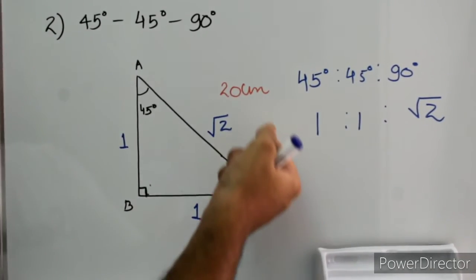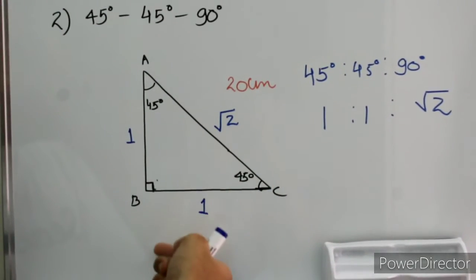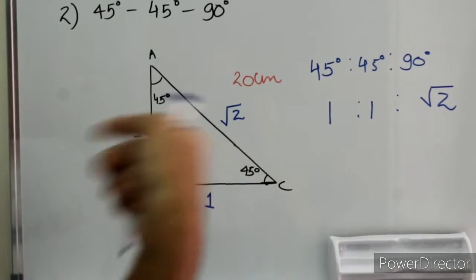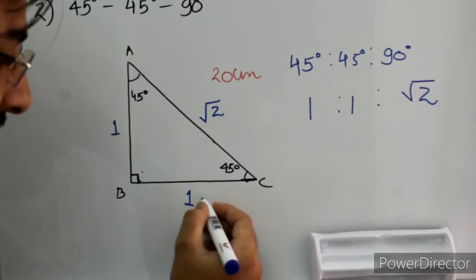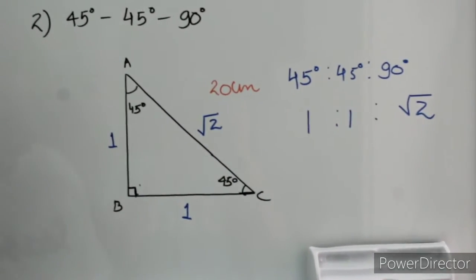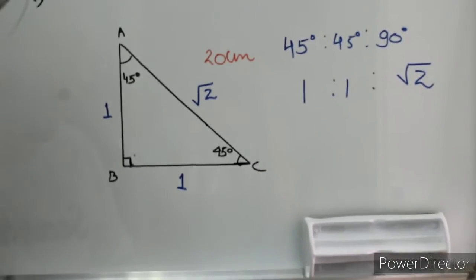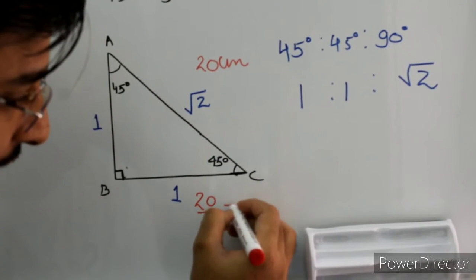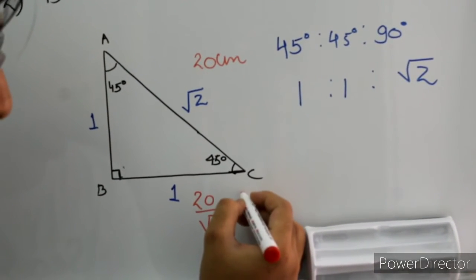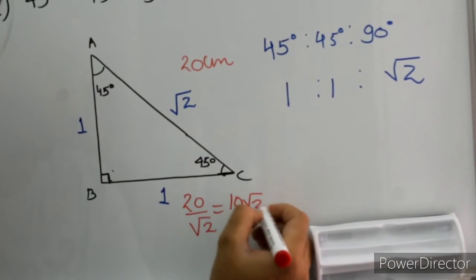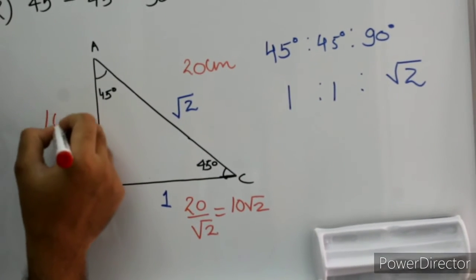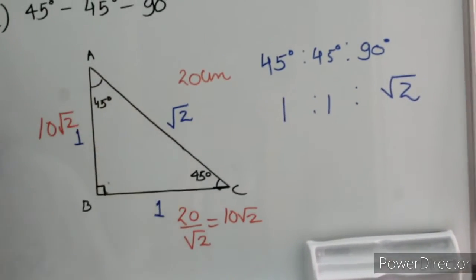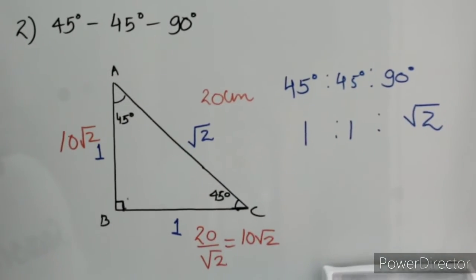Similarly, if you want to get BC from AC, you have to divide by root 2. So this side will be 20 divided by root 2, that will be 10 root 2. And this will also be 10 root 2 centimeter. So this is how you will answer it.